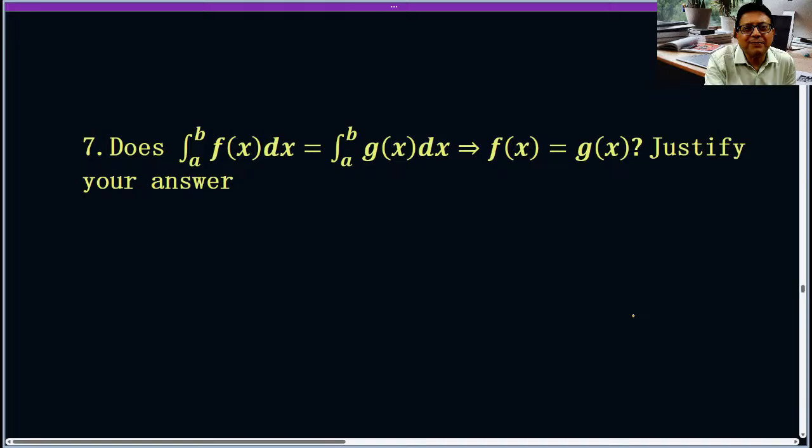Let us think this manner. As I told you, definite integration is nothing but area.